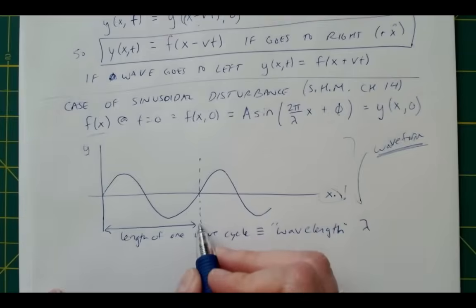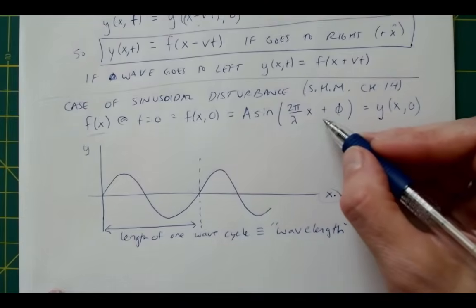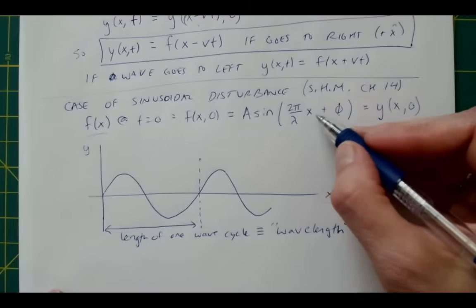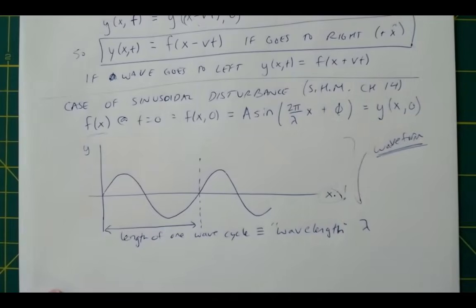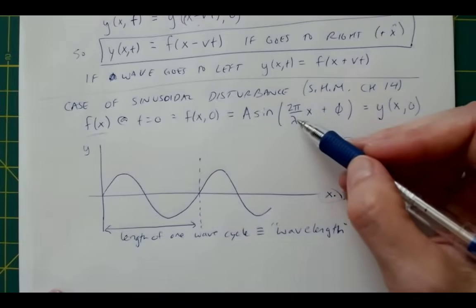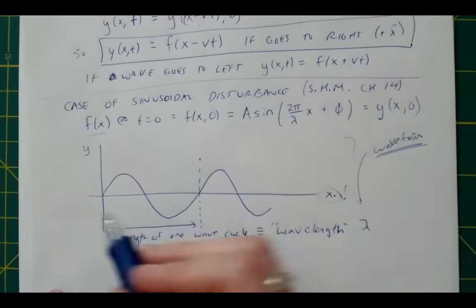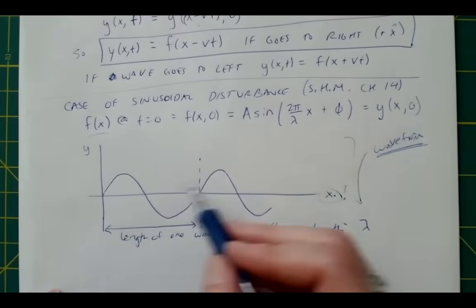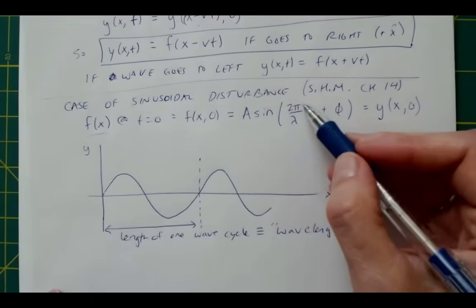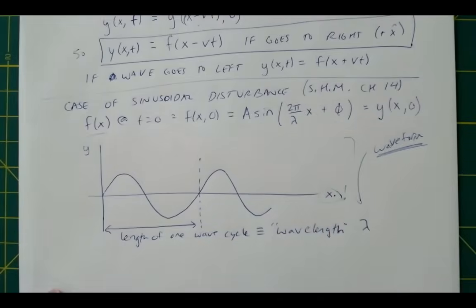Now, if we look at this expression here, we can see that 2 pi over lambda makes sense for how you would write this expression, because when x equals lambda, this equals 2 pi, and you've completed one cycle.